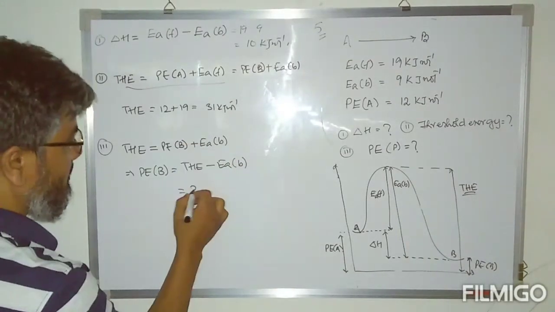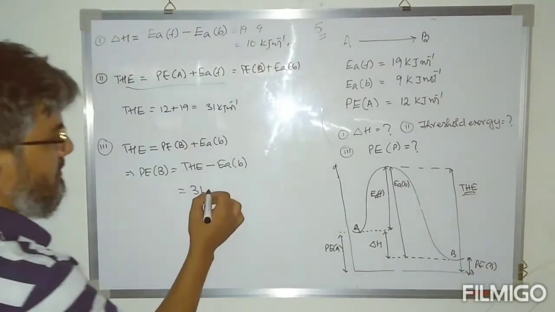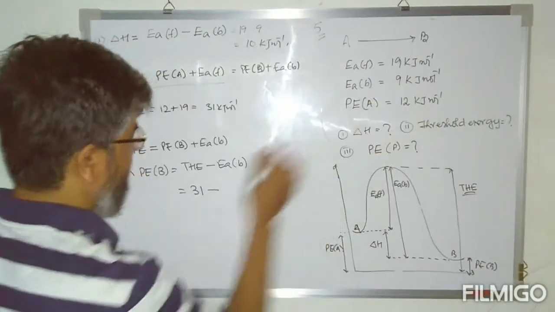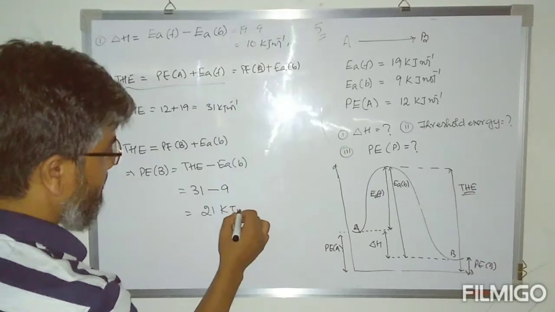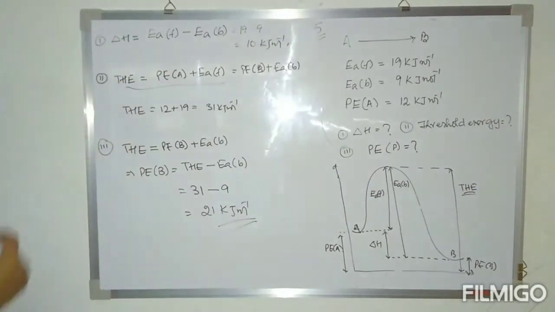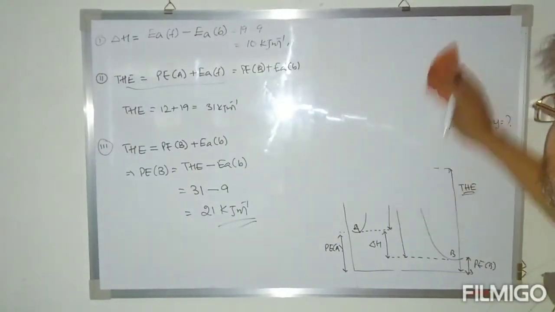So threshold is 31, backward activation energy is 9. So we have 21 kilojoule per mole. Let's go for the next question.